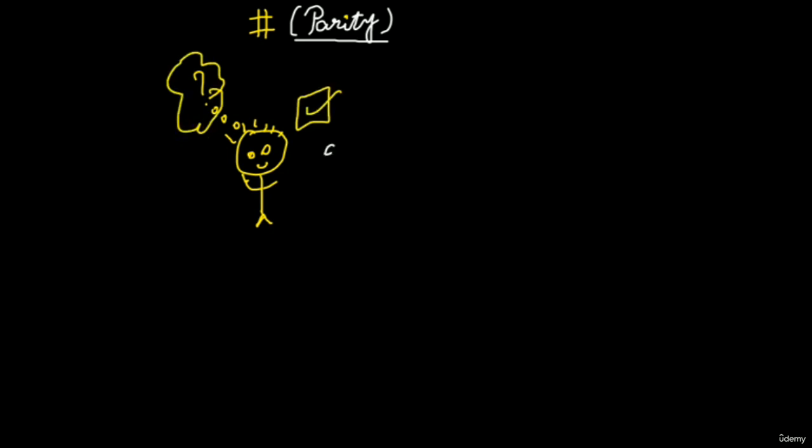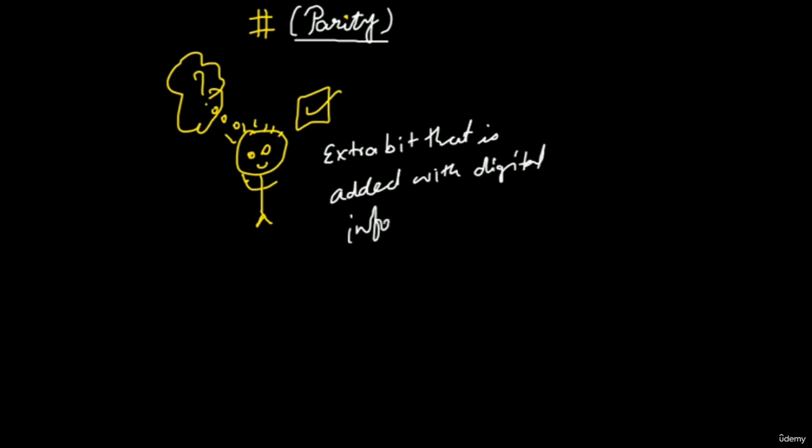Well, this is the extra bit that is added with a digital information packet. Let's say you are sending some information from the transmission end, and your information is 00111010.